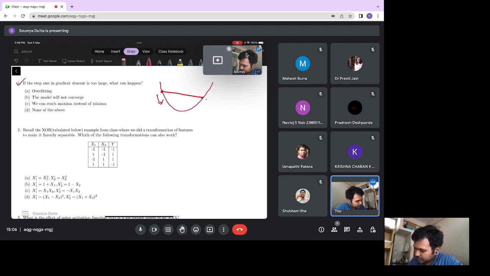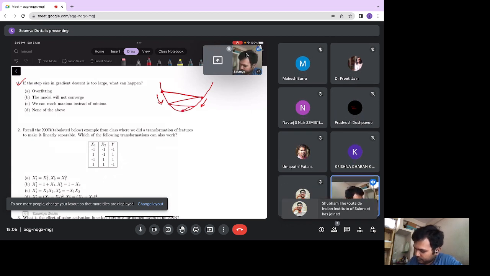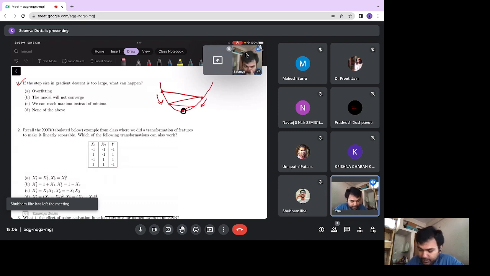You can move here, and so on. And this is the minima that I am marking out, maybe in black. This is the minima that you can reach. So that is one possible way.